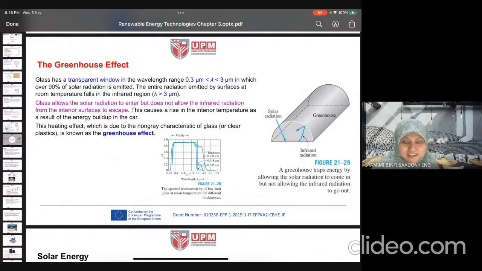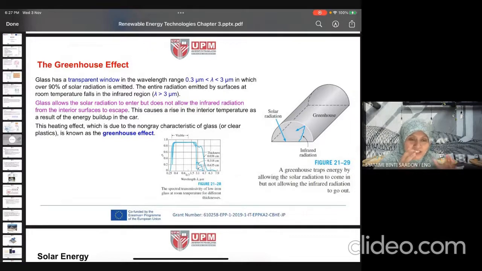This causes a rise in the interior temperature as a result of the energy built up in the car. For example, if you have a car with windows, this infrared radiation cannot escape from the interior surface to the outside.